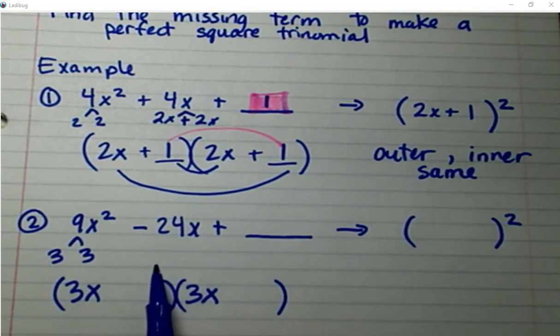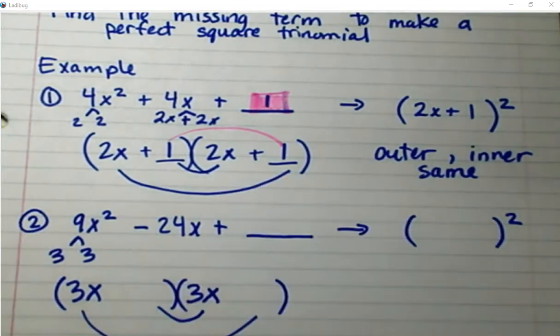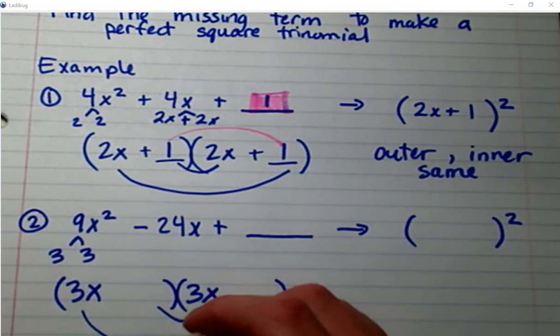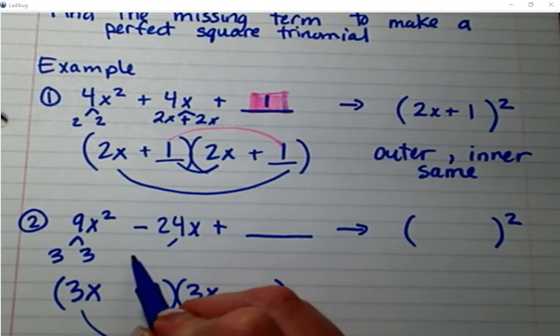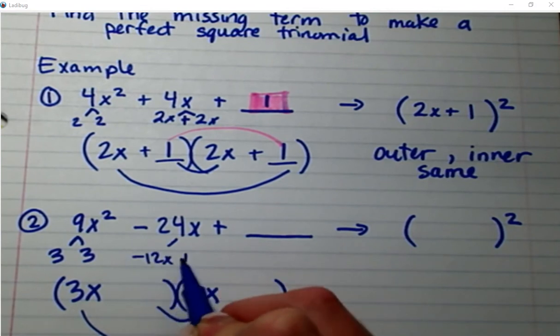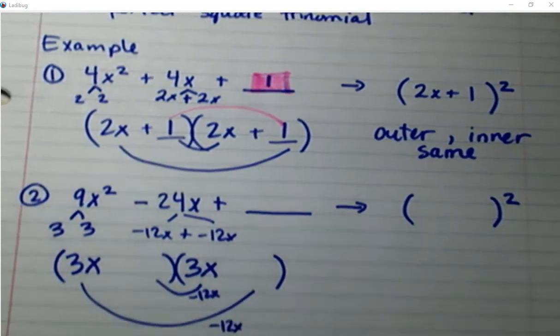You have to half this middle term because the outer and the inner are exactly the same. They have to combine to minus 24, but they have to be the same. That's why I was splitting this, minus 12x and minus 12x. They have to be the same.